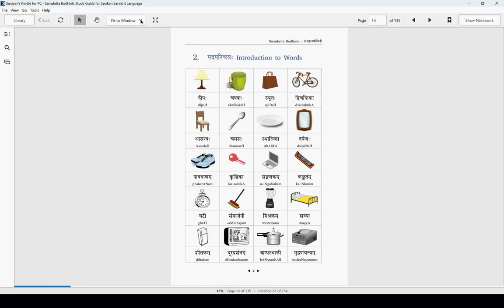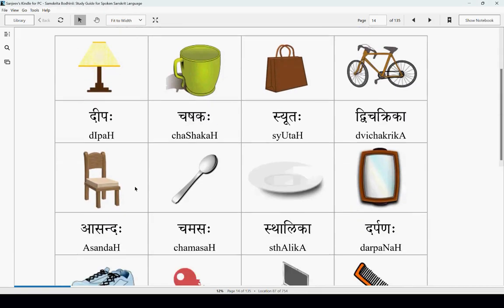The words we saw here before, how many are there here? Each one of them. How many lamps are there here? Deepa, when we say Deepa, how many lamps do we see there? 1, 2 or 3? There is only 1, right? There is only one lamp. So the word which is given for that 1 lamp is Deepa.